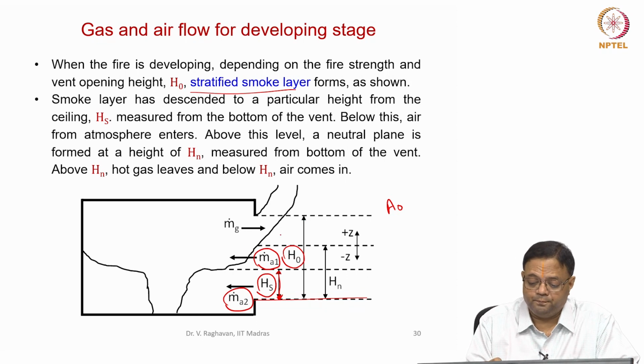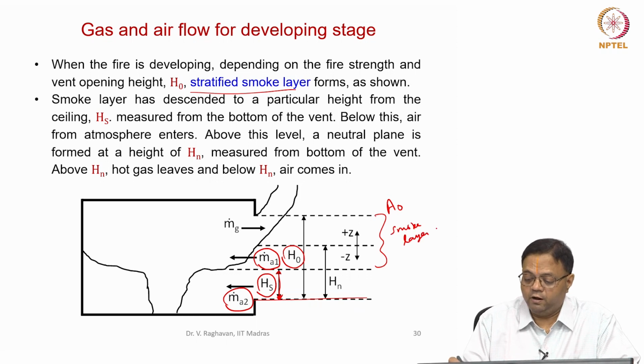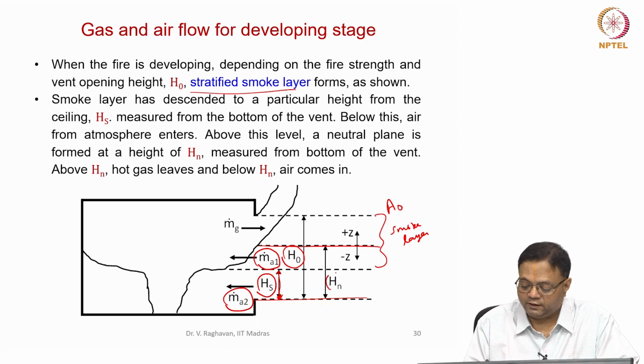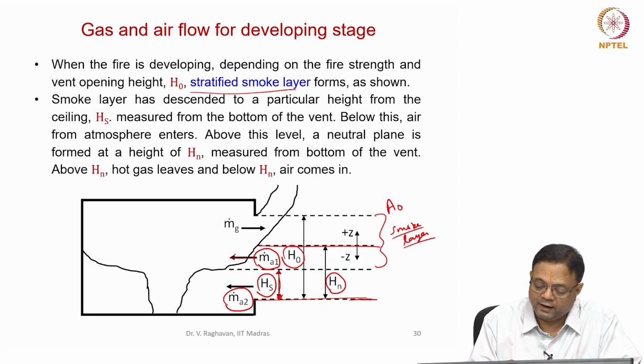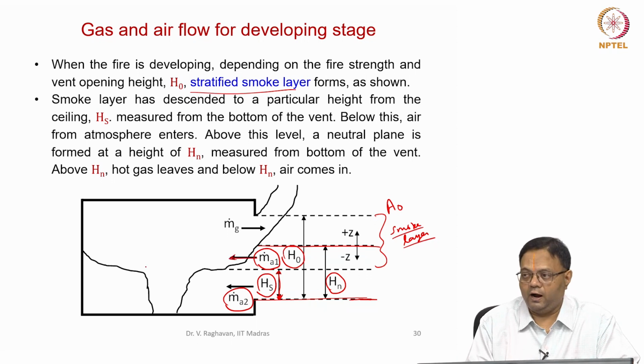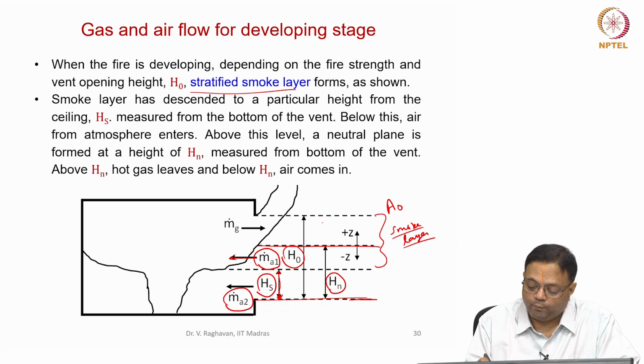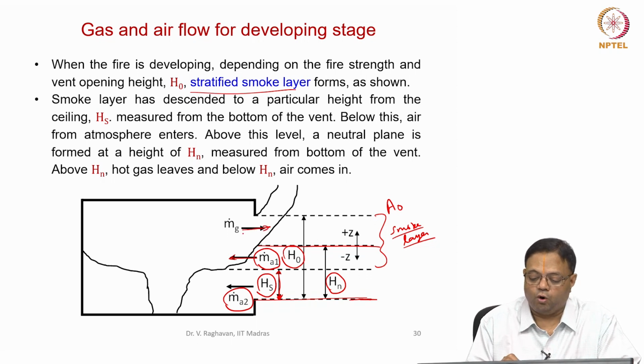If we take the scenario within the smoke layer, we can see that there is a formation of a neutral plane which is at a height of Hn measured from the bottom of the vent. Below this neutral plane within the smoke layer, I get the primary air entraining into the smoke, and within the smoke layer above the neutral plane the gases go out.